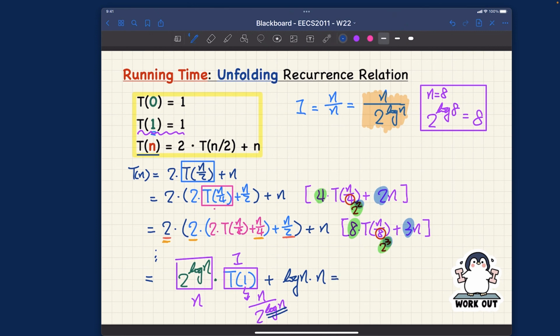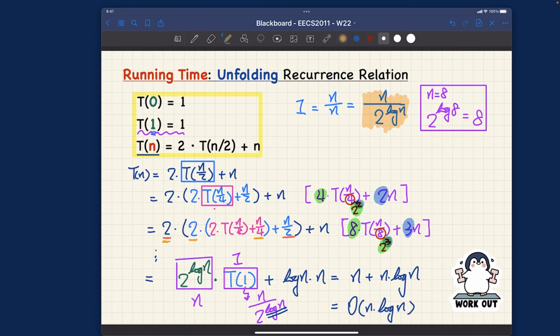So what we get ultimately will be n times 1 plus n log n. That's what we have. And of course, n log n is going to dominate asymptotically, so we can drop the lower term over here, which is equal to big O of n log n.